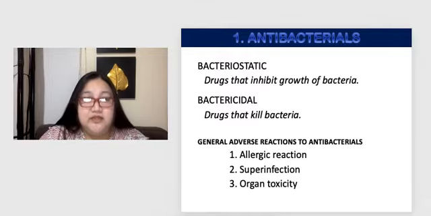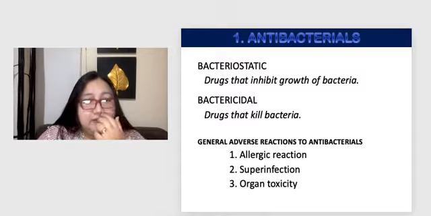Epinephrine and bronchodilator. So I will not anymore go through that. You know the reason why epinephrine and bronchodilators are effective for severe allergy causing shortness of breath, vascular collapse, laryngeal edema, bronchospasm. Okay?